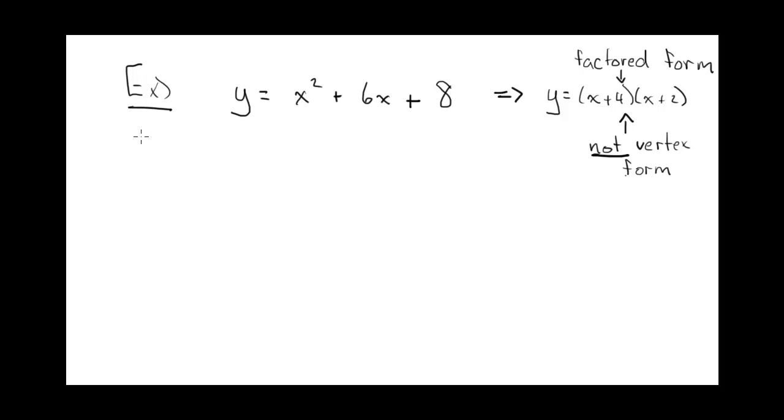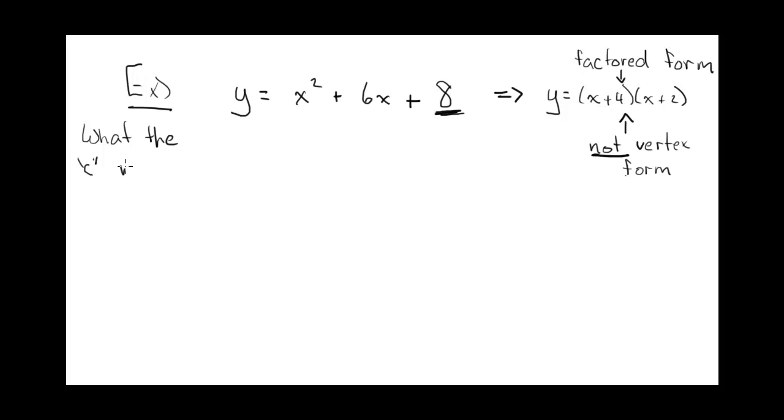But if this was a perfect square, by factoring, we could get it to vertex form. So think about this last number here. Let's ignore this last number. Let's say, okay, I don't want that to be an 8. What number do I want this to be? What should the c value, or the last number, be? Remember, it's a, b, c.